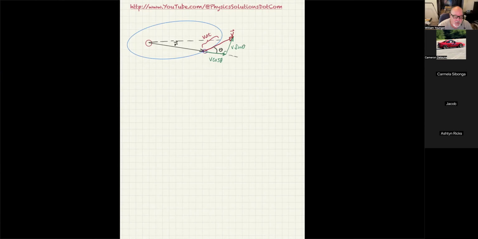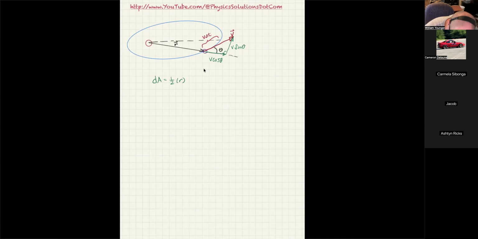Okay. So in that differential amount of time, the differential area appears to be a triangle. So dA is equal to the formula for a triangle, 1/2 the base, and the base of this triangle is the vector r, and the height of the triangle is the component of v perpendicular to r. So that's v dt.